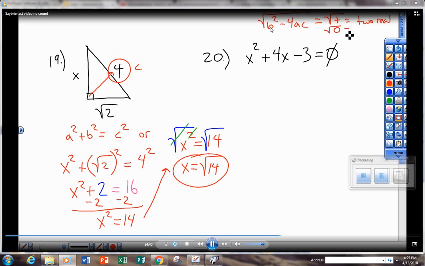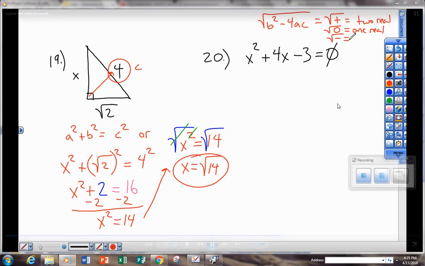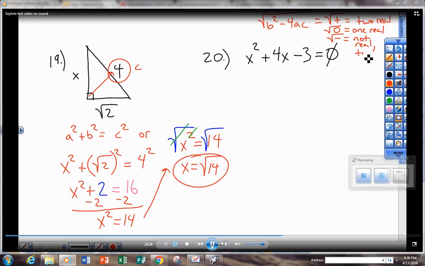If you plug those numbers in and you get 0, you have one real number, one answer. If you get a negative, you have two complex or no real number answers. So just remember you're looking for those three things. Is it positive? Two answers, two real numbers.